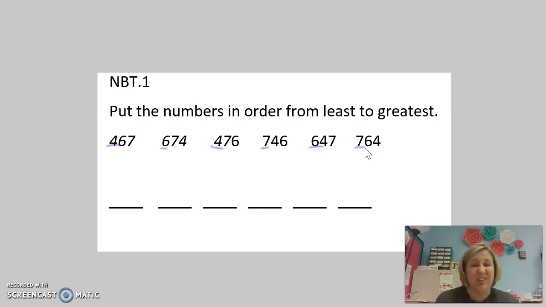Well, I know 700 is a lot more than 400, so I know it's not going to be the 700s, and same with the 600s. Those are more than 400s. So I have 467 and 476. So those are the two that I'm going to look at first. This one and this one.